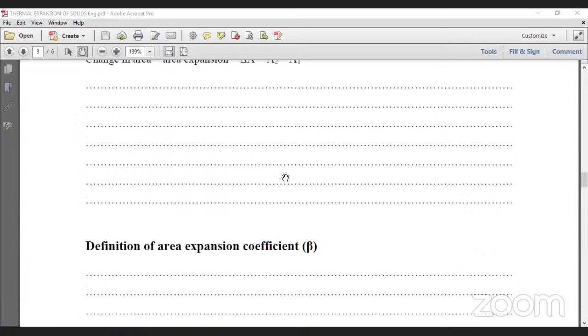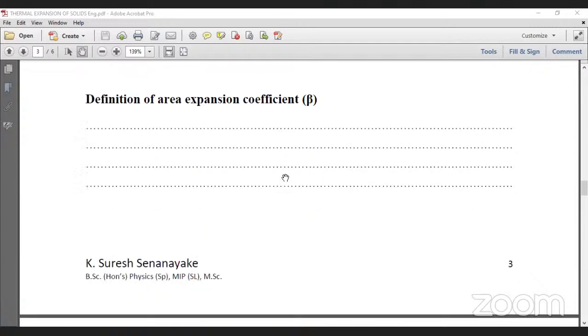The definition of the area expansion coefficient can be made in a similar way. Beta is the change in area divided by the initial area multiplied by the temperature change.